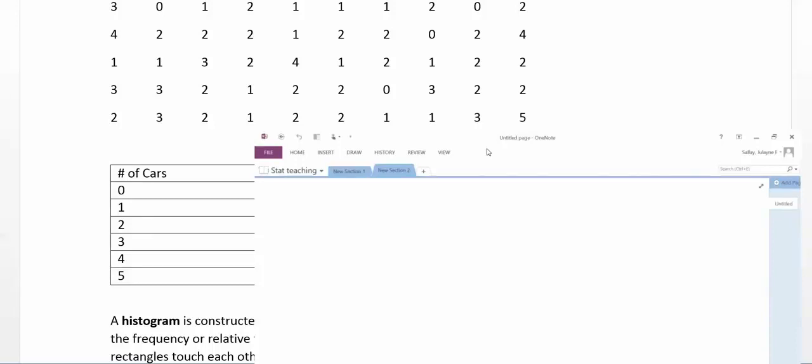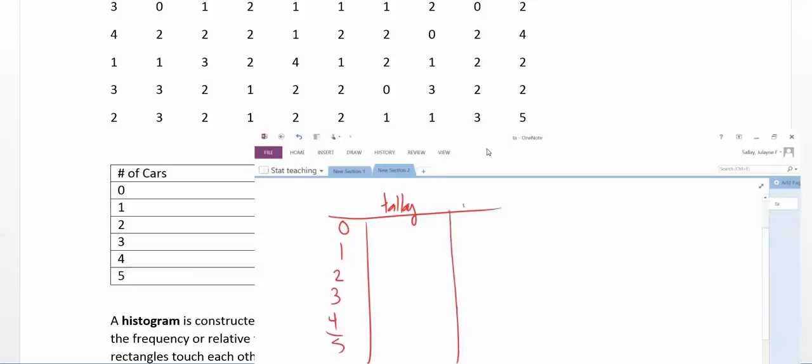So I want 0, 1, 2, 3, 4, and 5. And I want to look at the tally and the frequency. Sorry, it looks like a G; I want it to look like a Q. And the relative frequency of all of these numbers.